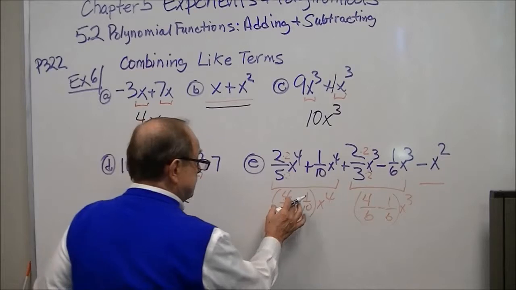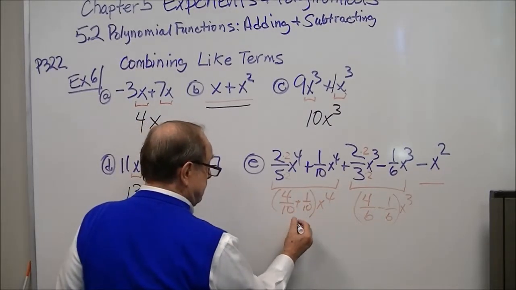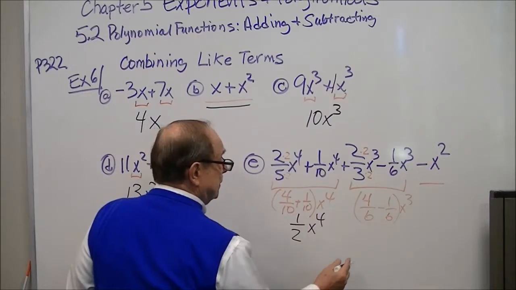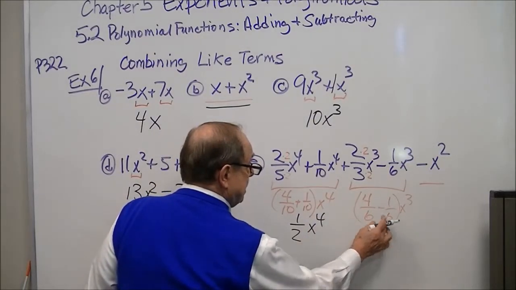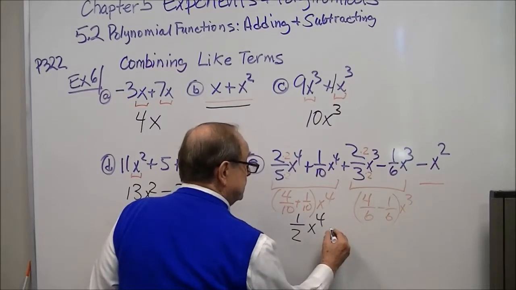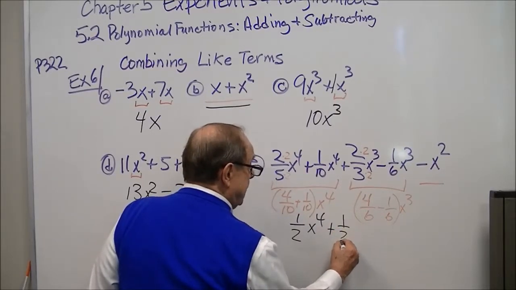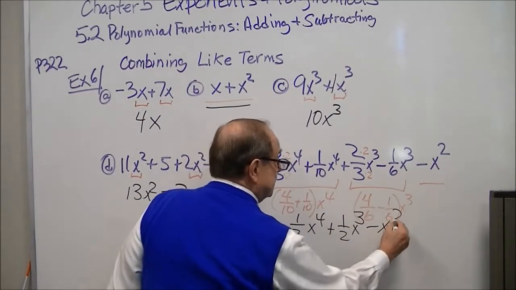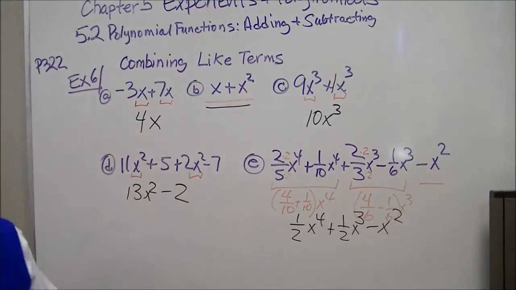So now this is going to become 5/10, which is 1/2 x to the 4th. This is going to become, again, a 3/6, which is a 1/2 x to the 3rd minus x squared.